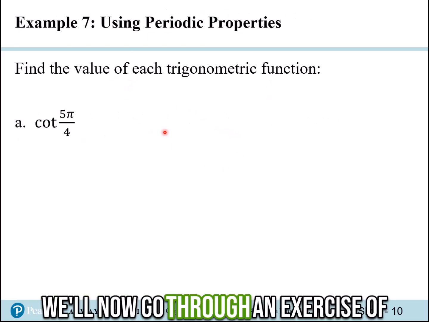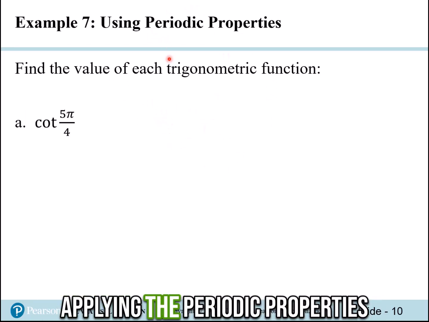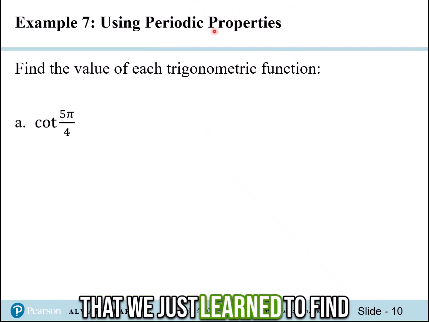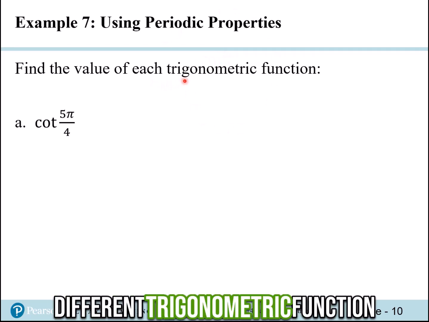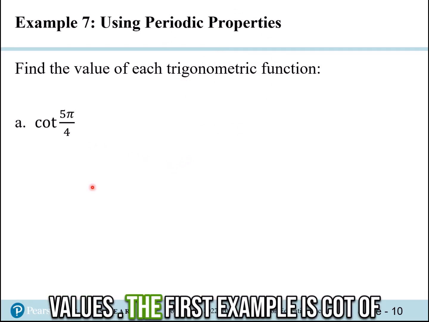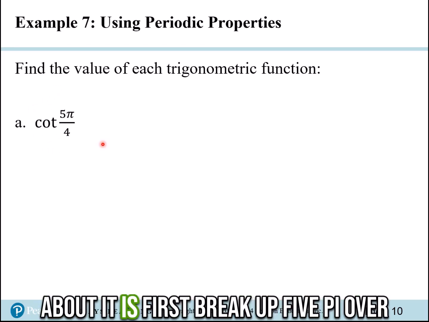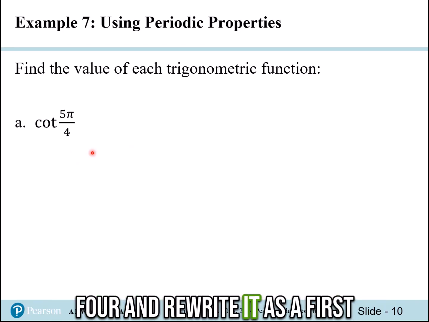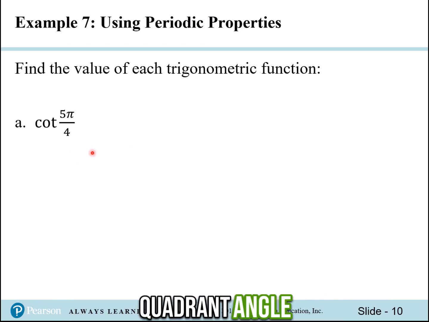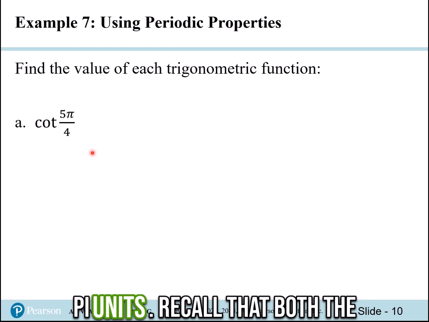We'll now go through an exercise of applying the periodic properties that we just learned to find different trigonometric function values. The first example is cot of 5 pi over 4. The way to go about it is first break up 5 pi over 4 and rewrite it as a first quadrant angle plus pi units.